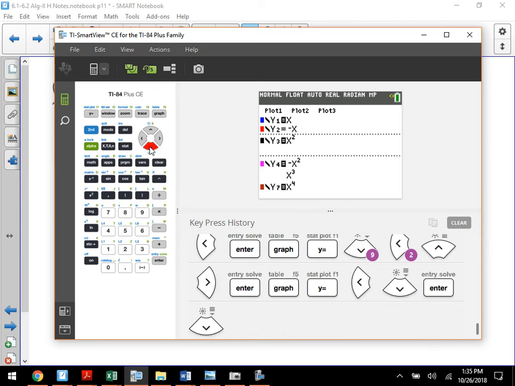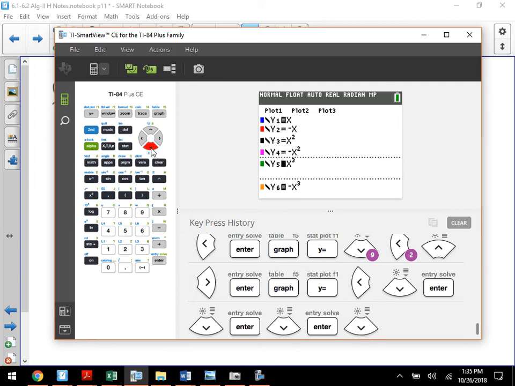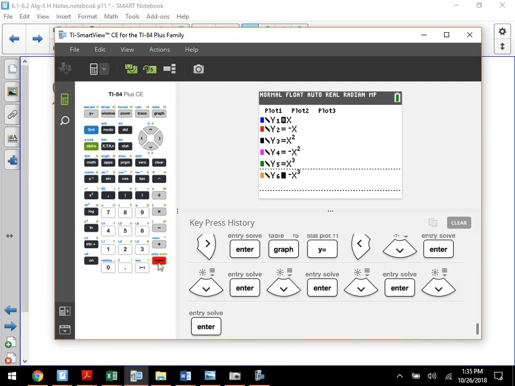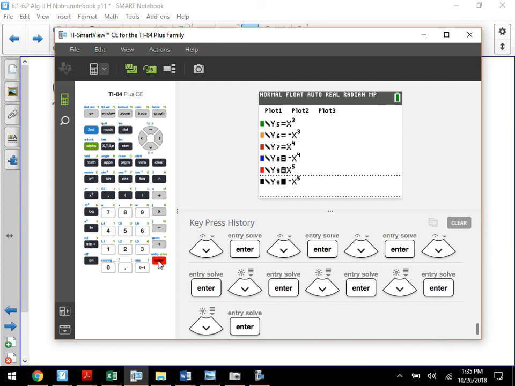And what I'm doing is turning off all of those graphs, and just work all the way down. That way I don't have to retype them in here in a minute. We'll just have to turn them on as we look at them individually.